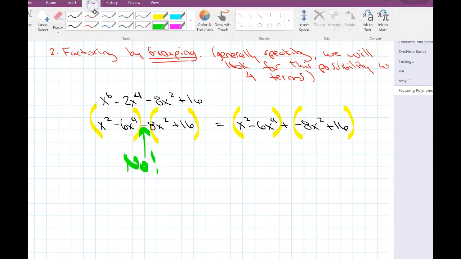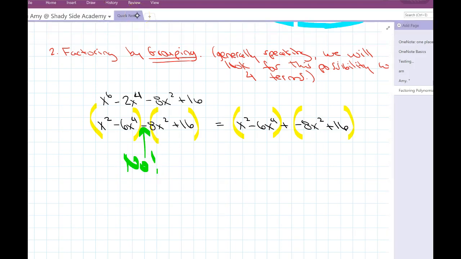Now the next question you have for me is, do you always group the first 2 and then the last 2 together? Are there times when you might group the first 3 and then leave this one alone? Or maybe you'll rearrange the terms and group the first and the 3rd term and the 2nd and the 4th term. The answer to those questions is yes. There are certainly exceptions to the rule, okay?